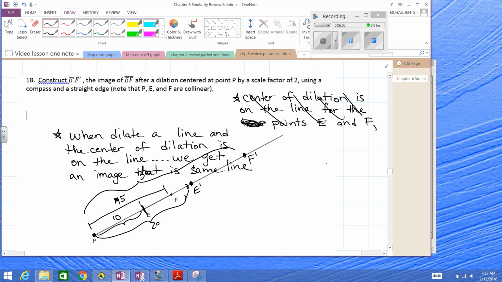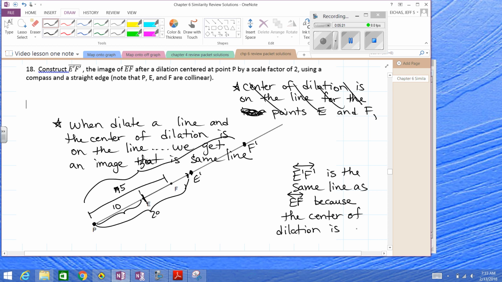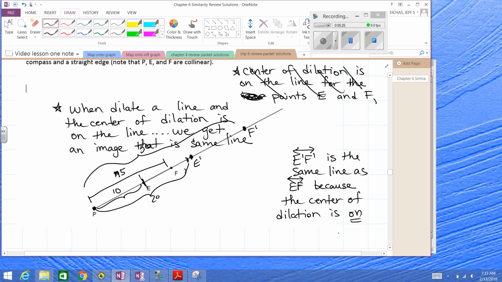Okay, E prime F prime is the same line as EF, and that is because the center of dilation is on line EF.